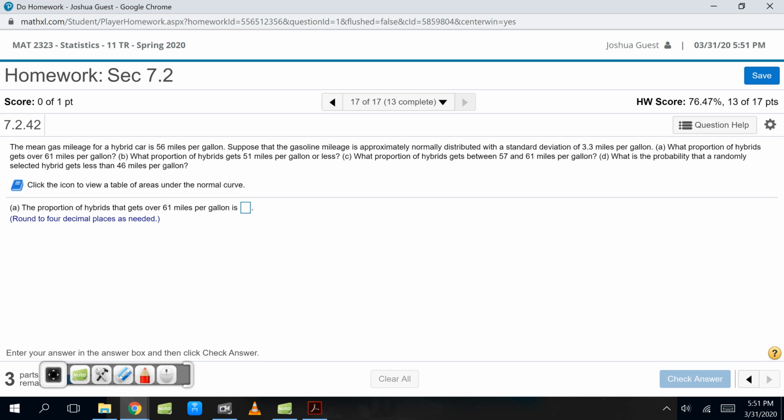Between 57 and 61, you find the 2 z-scores and you do the upper minus the lower. And then less than 46 miles per gallon, find the z-score and find the probability that it's less than that. It's literally the same thing that we've been doing on all of these.